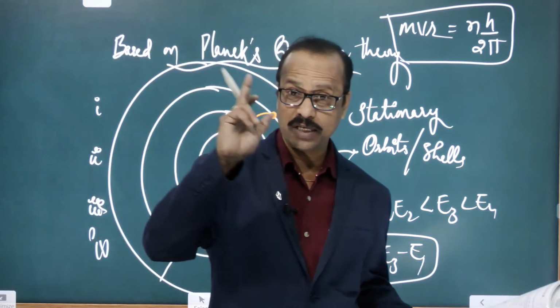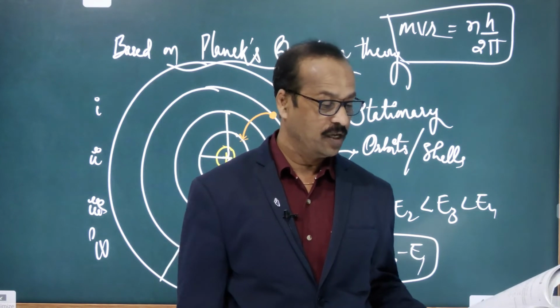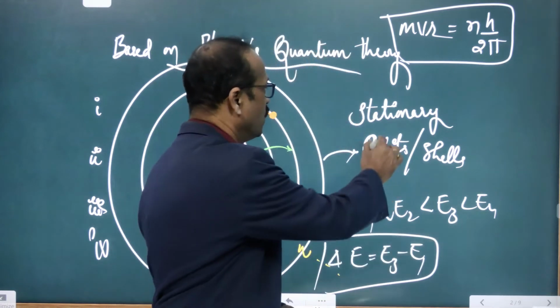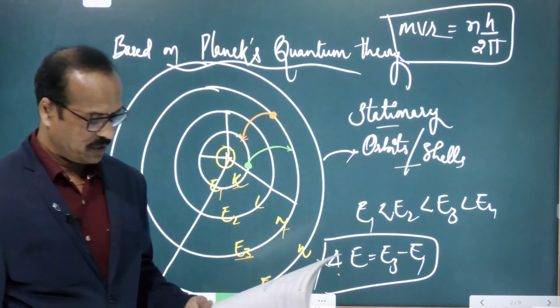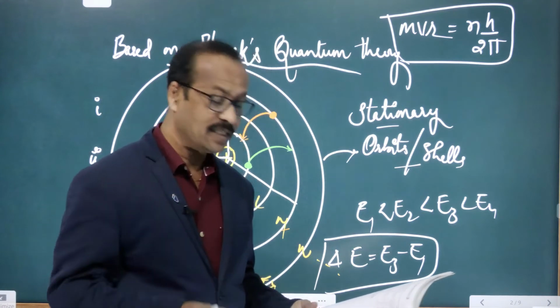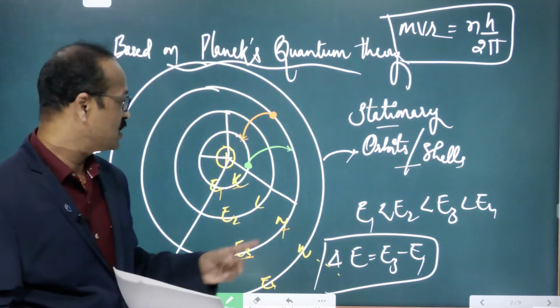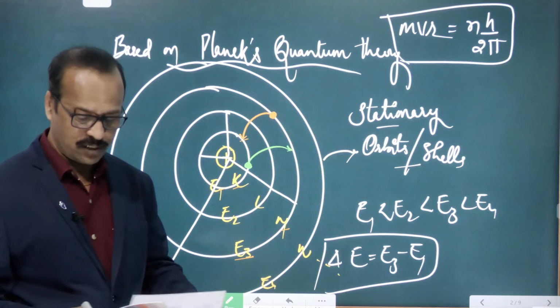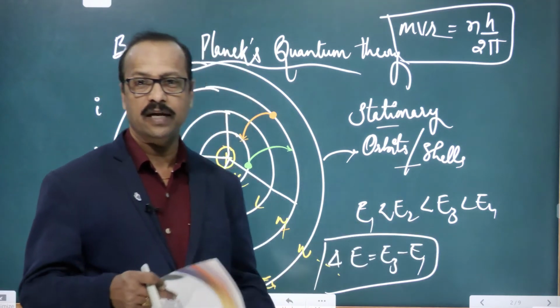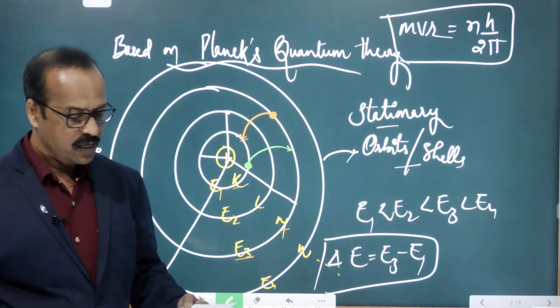Each orbit is associated with some definite amount of energy, so they are called energy levels of stationary orbits. Energy of the orbit: the energy of the orbit increases with increase in the distance from the nucleus. As the distance increases, the energy of the orbit increases, that is, E1 is less than E2 is less than E3 is less than E4 and so on.